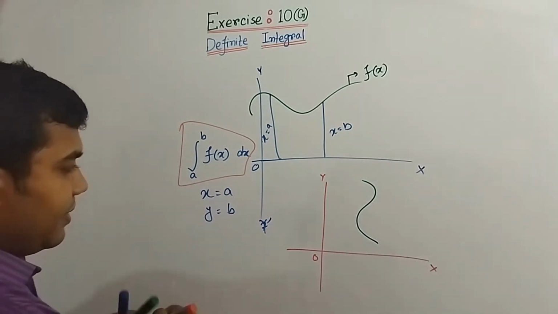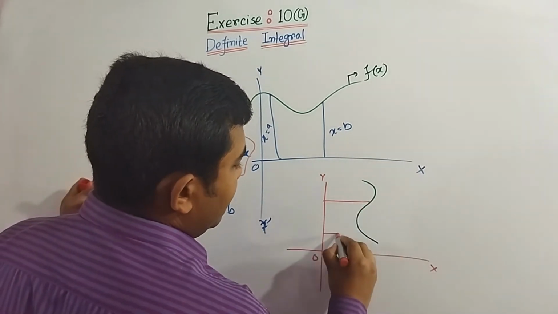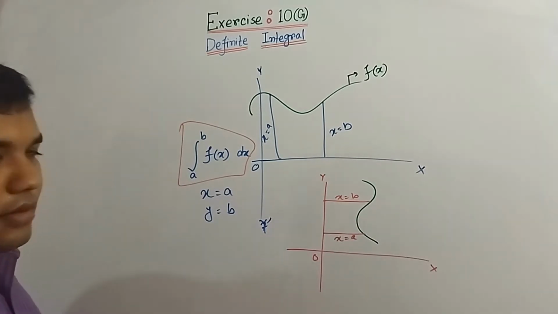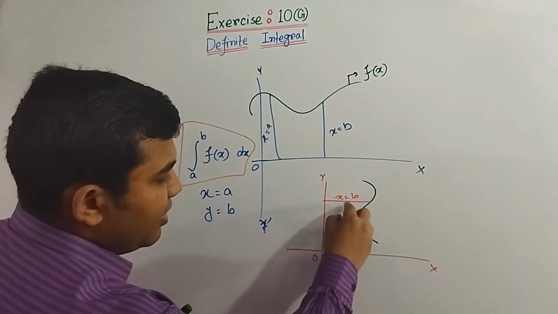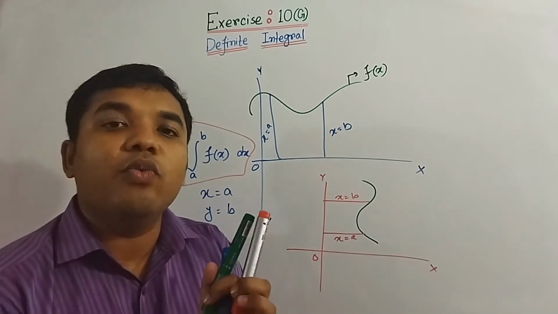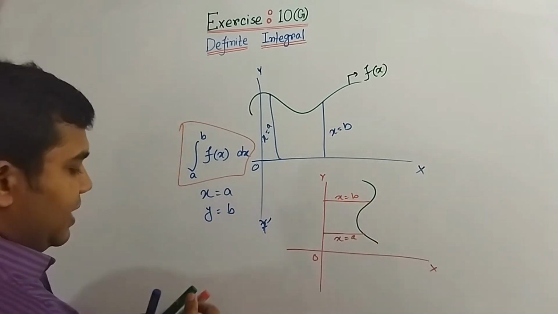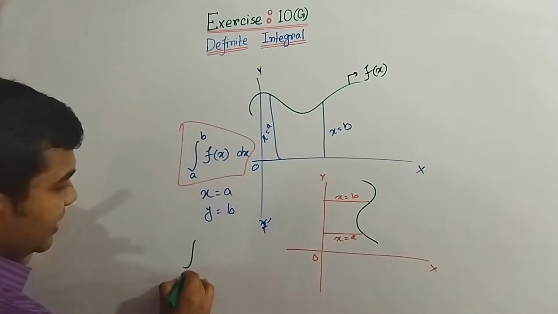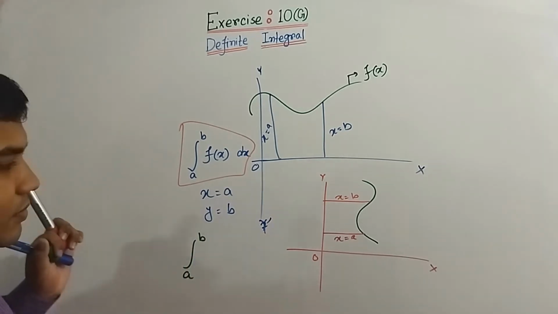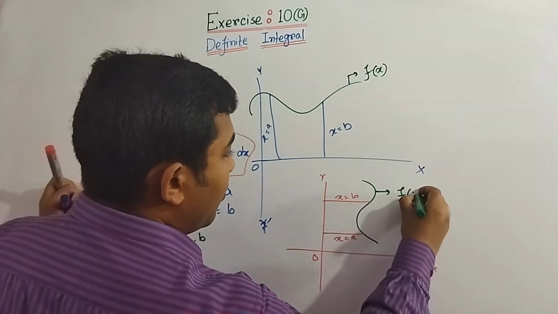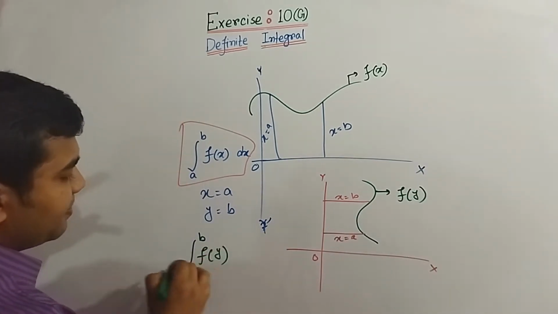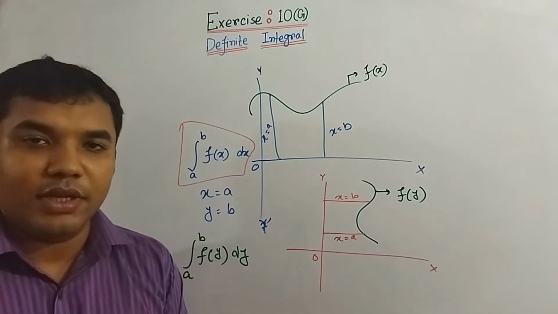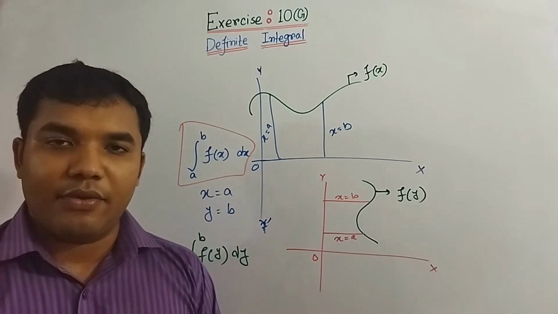Okay, and here our line x equal to a, say for example this, and this is our line x equal to b. So how is the area of this part represented? Since here we have a and b, we can write it this way, the integration from a to b, then this should be f of y, and it must be integrated with respect to y. So this is the representation of this graph.